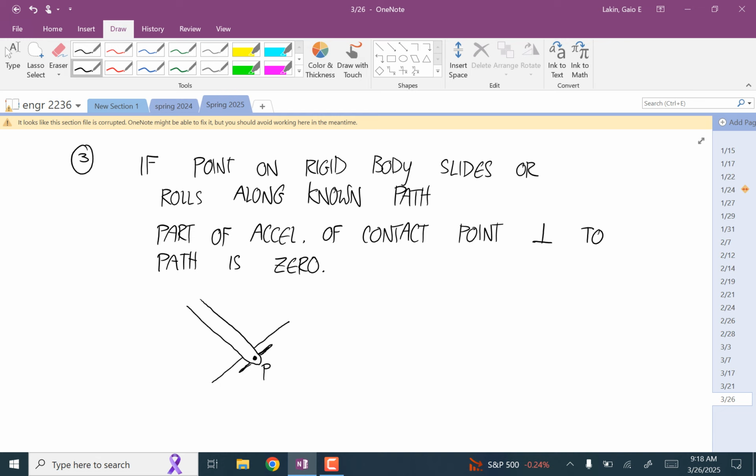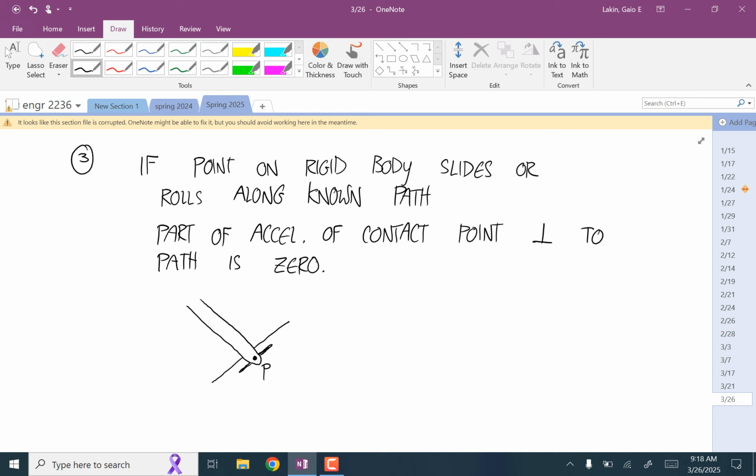We know that if we calculate the acceleration of this using relative motion and the watermelon equation and whatever, it can't move perpendicular to that slot. So we can figure out the component that's perpendicular to that slot. Usually it's just going to be either an X or a Y component, but you also could do it as a dot product. We'll do some examples like that. Usually it'll just be a matter of setting the X component equal to 0 or the Y component equal to 0.